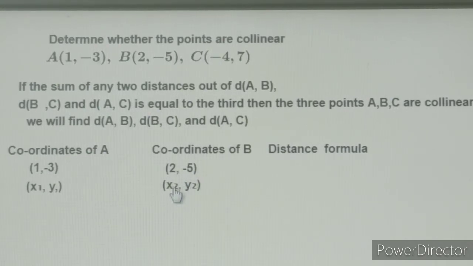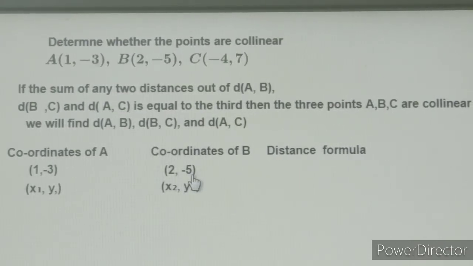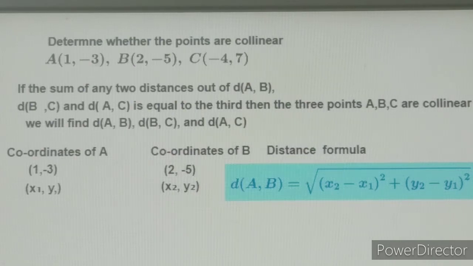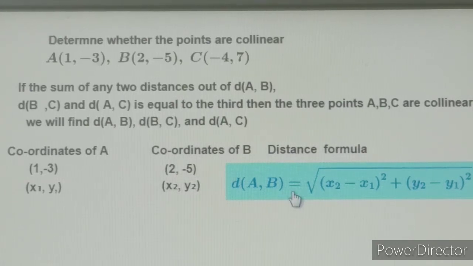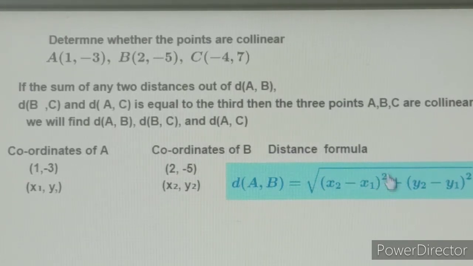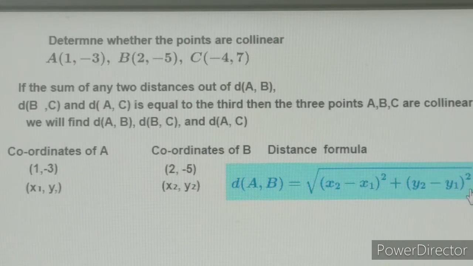Let them be x2 and y2. x2 is equal to 2 and y2 is equal to -5. We have to find distance AB and we have the distance formula. Distance AB is equal to the square root of (x2 minus x1) square plus (y2 minus y1) square.